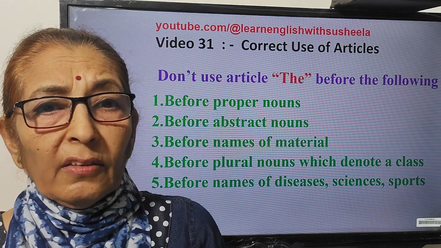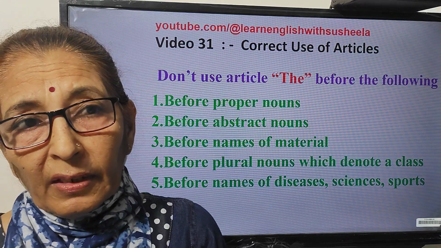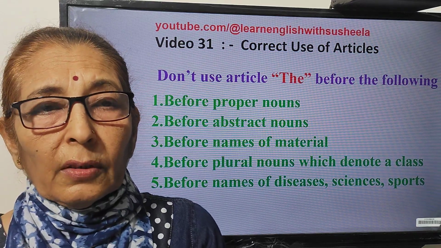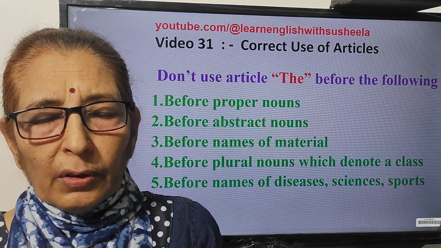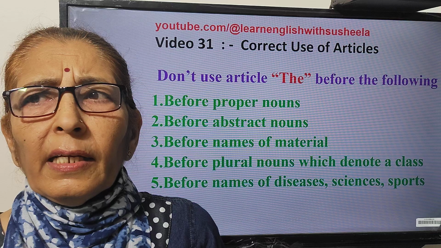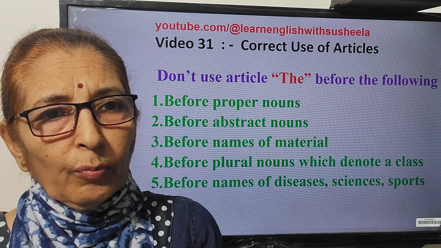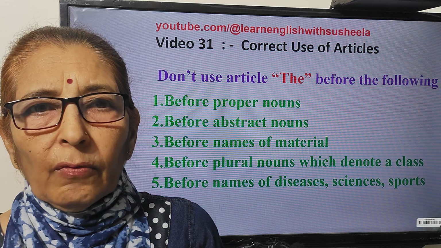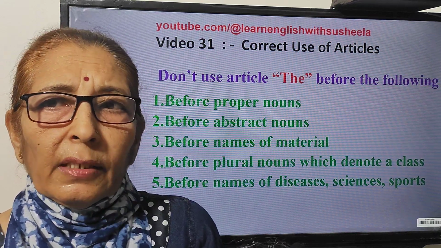Any name that is a proper noun, we should not use the. In the same way, before abstract nouns, we should not use the, like honesty, justice, beauty, truth. We are not to use the before them. Then before names of material like gold, silver, copper, iron. So that way you should take care.